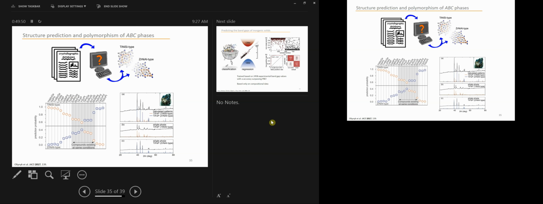It has to be unique within that system, right? Because then the machine could not distinguish. When I say unique in this sense, is that you can get completely different descriptors from different perspectives, but the descriptors should be unique, either for non-crystalline materials or crystalline materials.